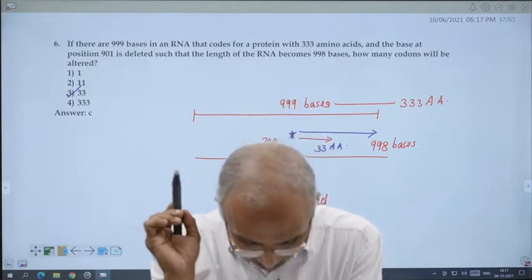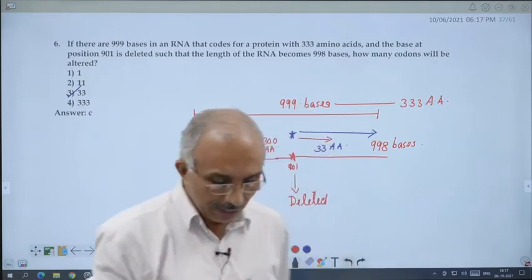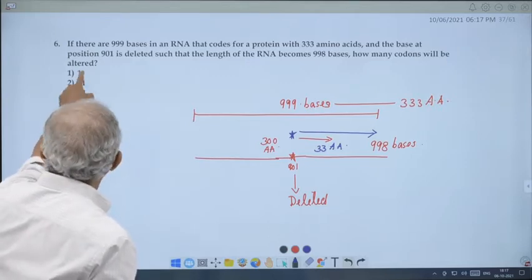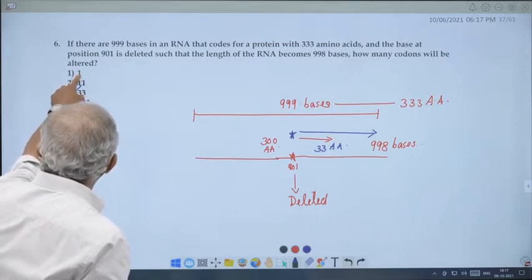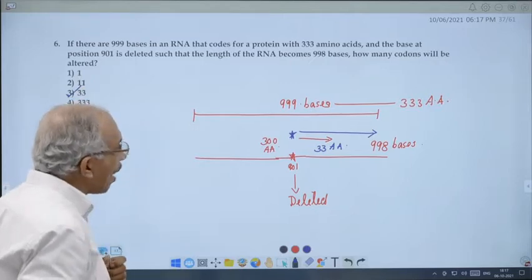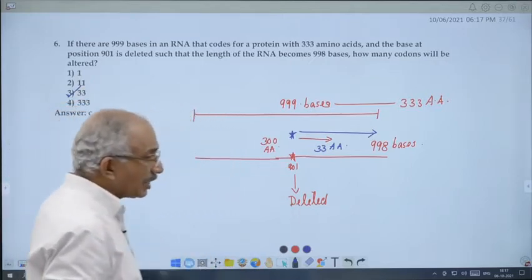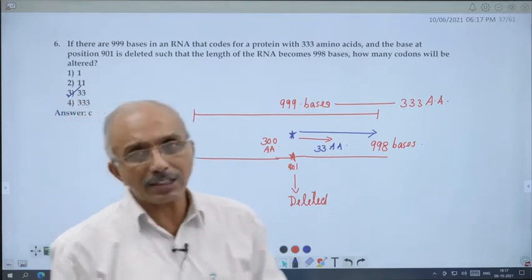So 33 is the answer, not 1. That is why they gave option 1 above: we think that only one is deleted, so 1 amino acid will be affected.